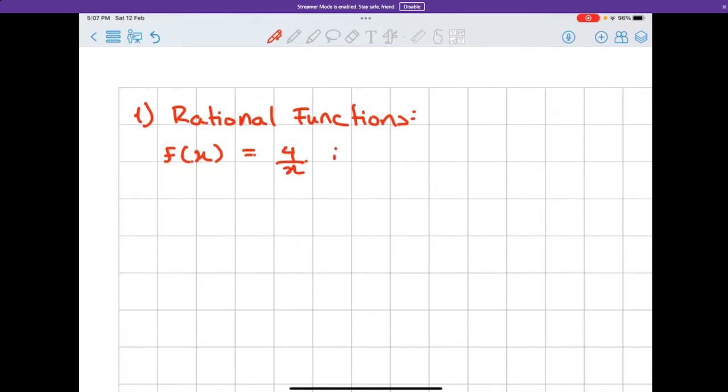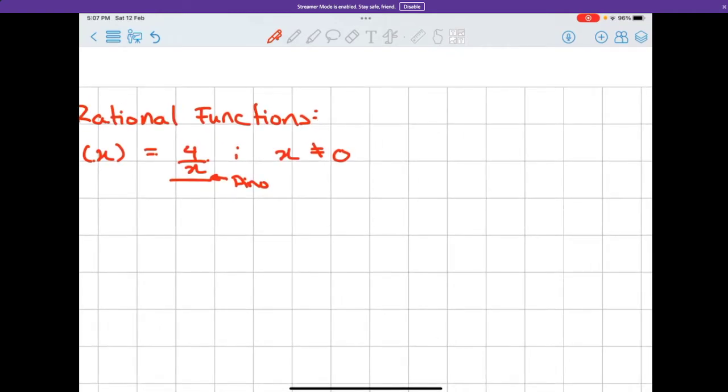In this case, we know that for this to be a rational function, x cannot equal 0 because x is in the denominator. Right? So x cannot equal 0, otherwise it will be undefined. So now we know that the domain is going to be all real numbers except for 0.